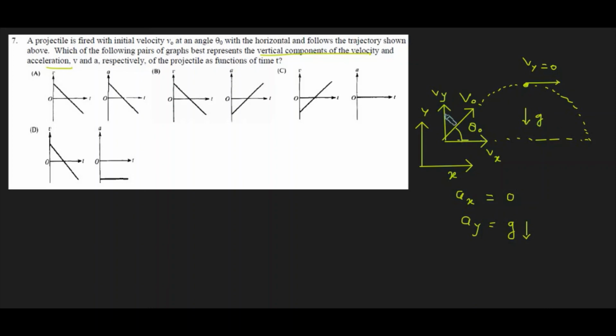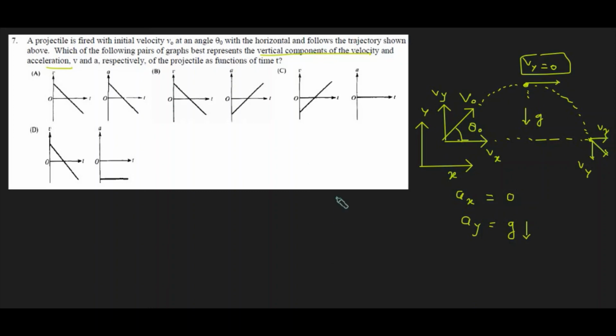And the vy, the velocity, initially is along the positive y-axis direction, and after some time when it has reached the maximum height, its velocity is equal to 0, and again when it is going to strike the ground, it will have the same velocity vy, but in the opposite direction, and vx, the horizontal component of velocity, will remain the same.